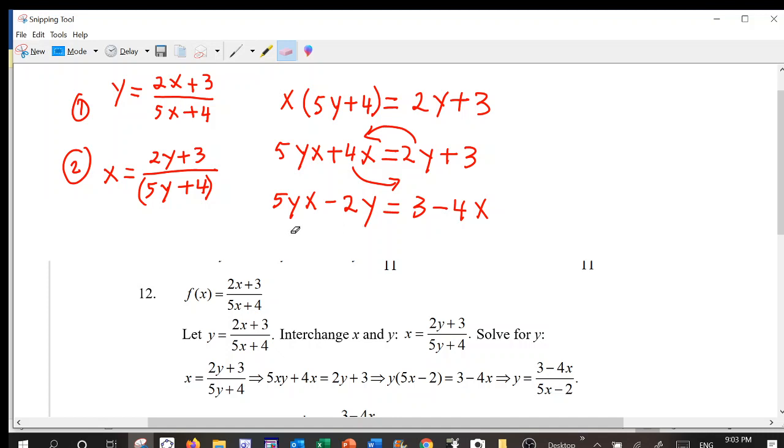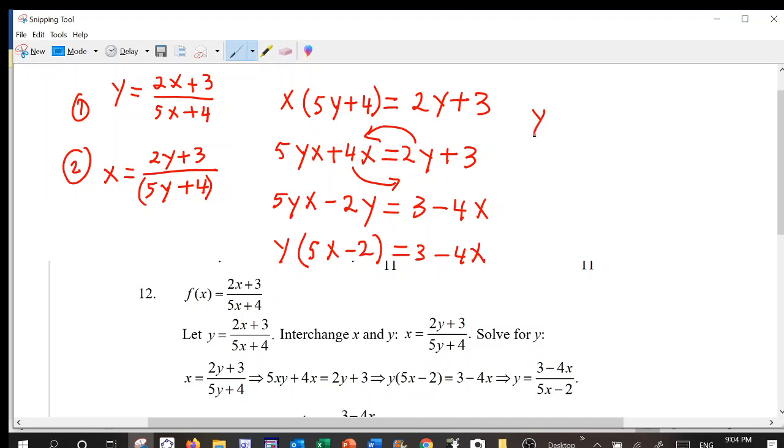So here, y is not by itself. Can we make it by itself? Yes. You have to factor it out. So if we factor the y out, we get 5x minus 2, right? If we take y out of here, we get 5x. If we take y out of that, you get negative 2. And then 3 minus 4x.